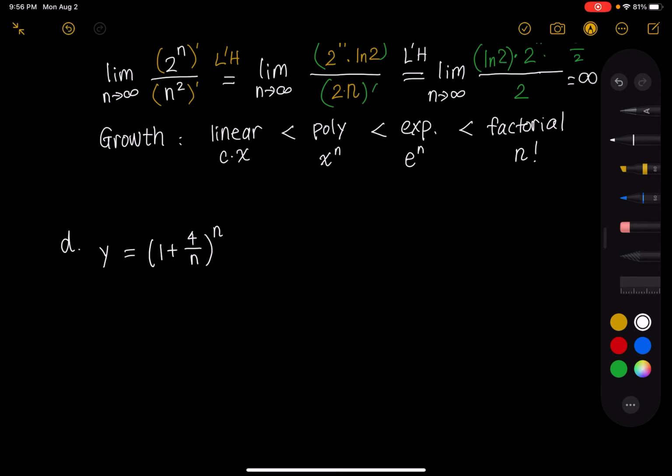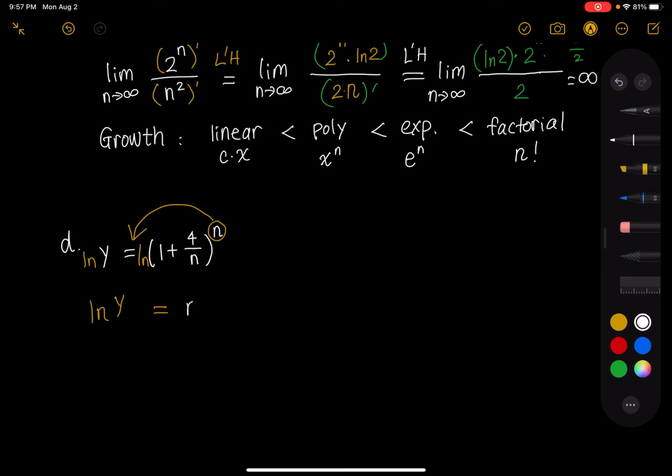We don't know how to take a limit when there's an infinity in the exponent. So we have to take ln of y to drag the exponent down. You take ln on both sides. The exponent here is going to drag down, okay?